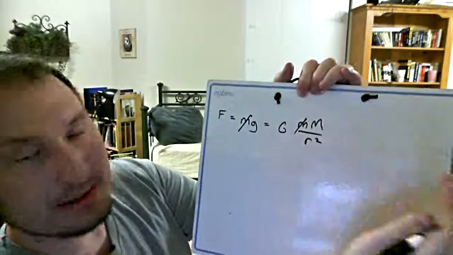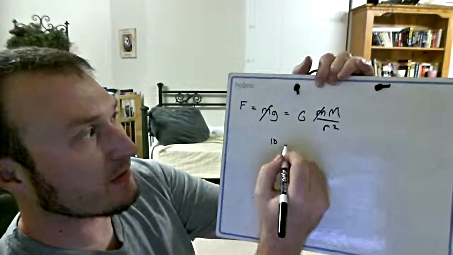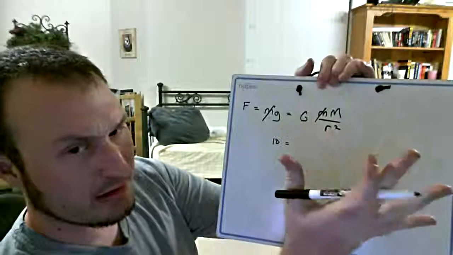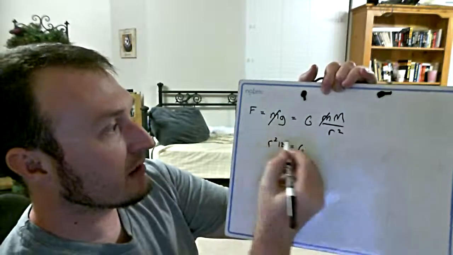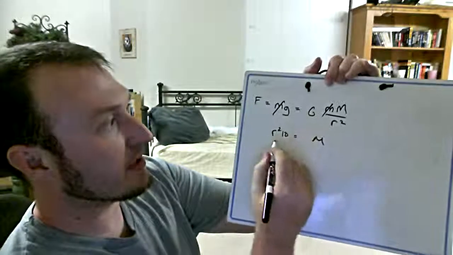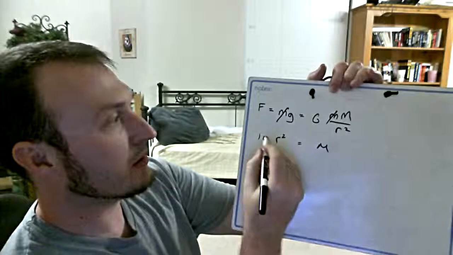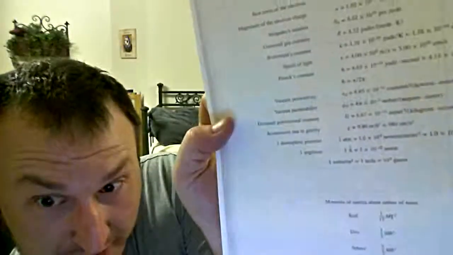You cross out the little m's on both sides, and then g, in all physics GREs, we simplify as 10 as soon as we can, barring some unusual reason not to, equals, and then I'm going to multiply by r squared and divide by the big G. So I've got 10 r squared over G, and then I would start plugging in, because they do give us G. You get G as one of the constants on the equation sheet: 6.67 times 10 to the negative 11th, in cubic meters, kilograms, seconds.